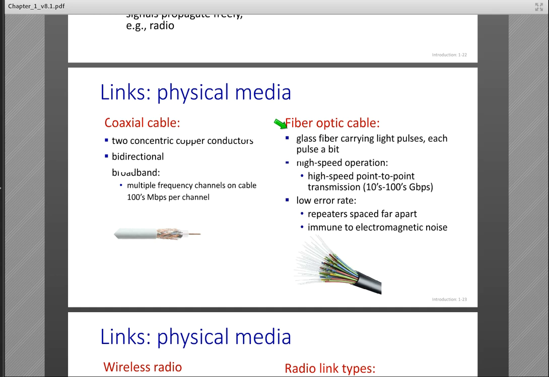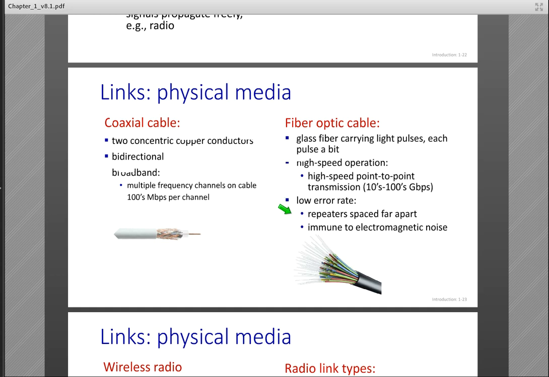In optical fibers, the speed is very high. The transmission range is something between 10 gigabits to 100 gigabits per second, and maybe more than this.